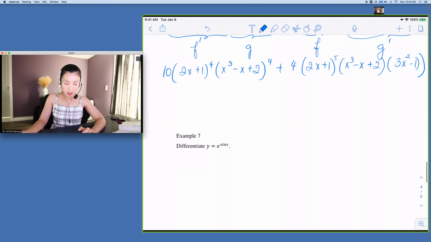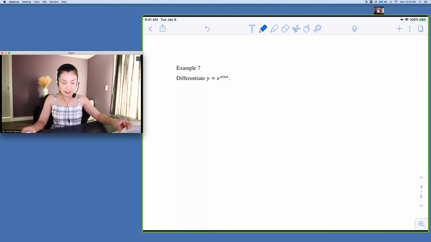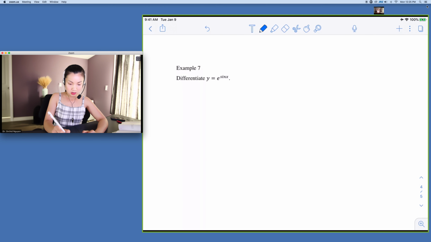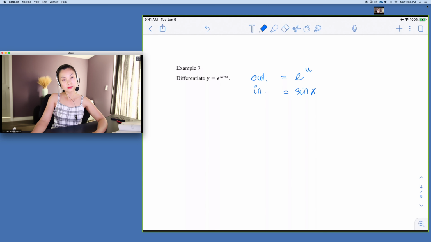All right, moving on to example 7. So example 7, you see that the outer function is the e function and the inner function is the sine function. Okay, all right, so let's just take care of y prime.